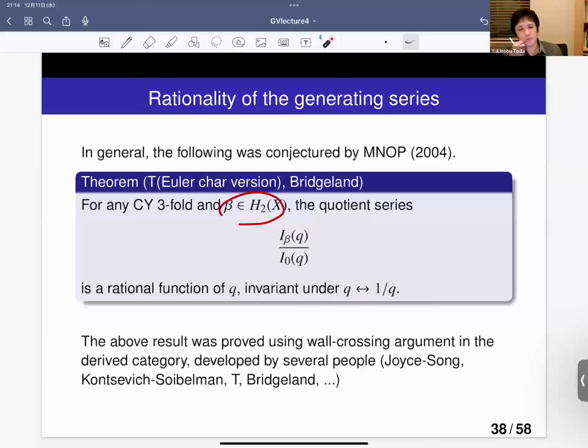The previous minus 1 curve case is the simplest example of this phenomenon. In fact, this phenomenon is explained in terms of the derived category, which I will explain later.